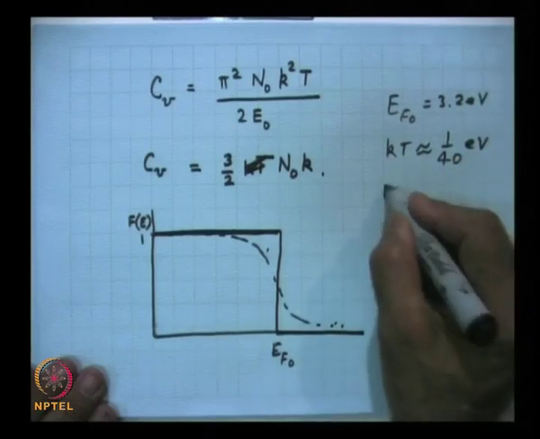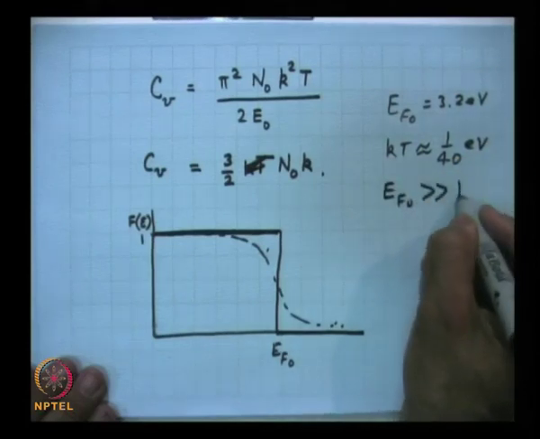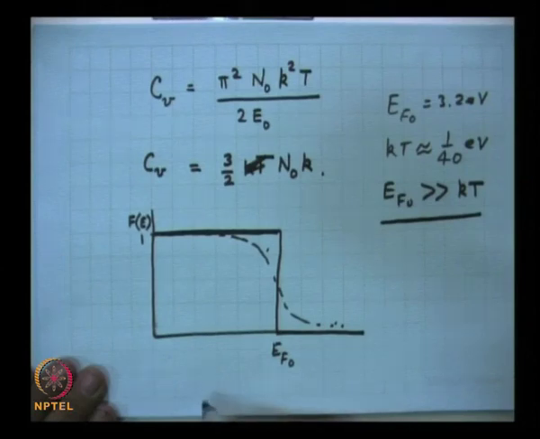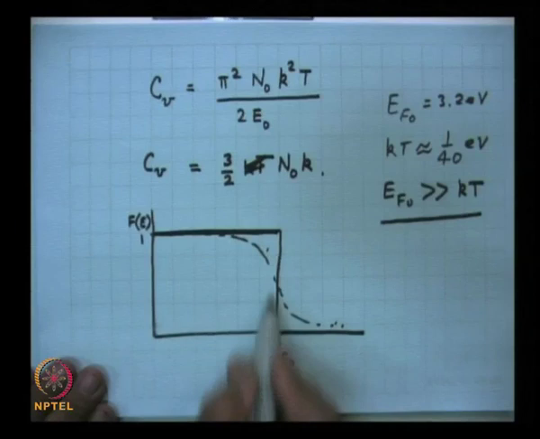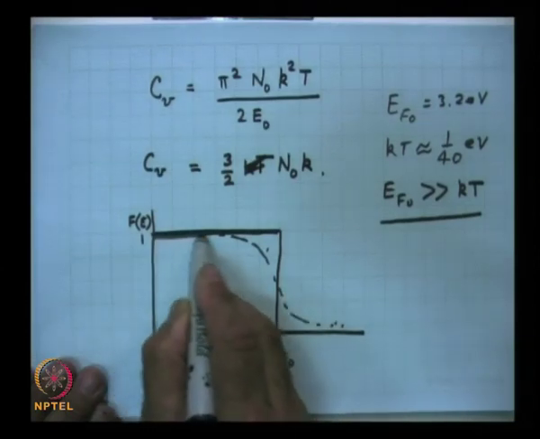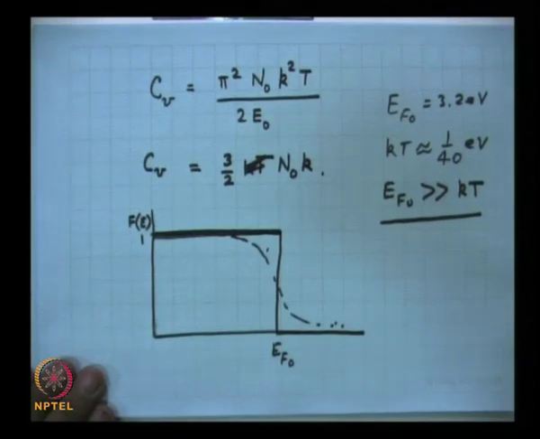So, E_F0 is much greater than kT, and therefore at not too high temperatures, the electrons inside the metal are in an almost completely degenerate state. What we imply is that as far as the Fermi function goes, we can assume the temperature to be absolute 0, and all the states below E_F0 are filled up and all the states above E_F0 are empty.